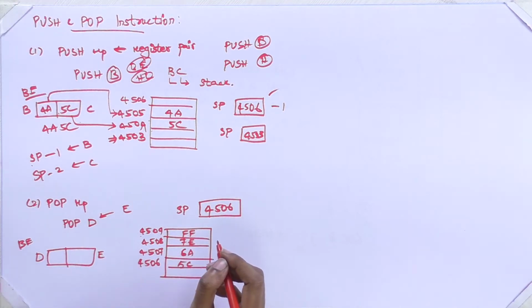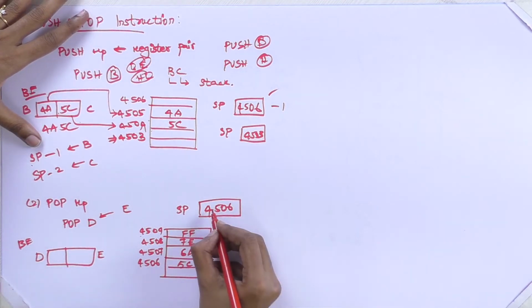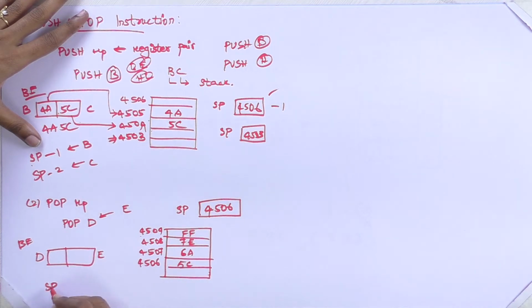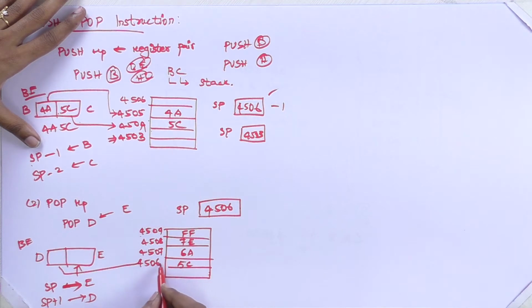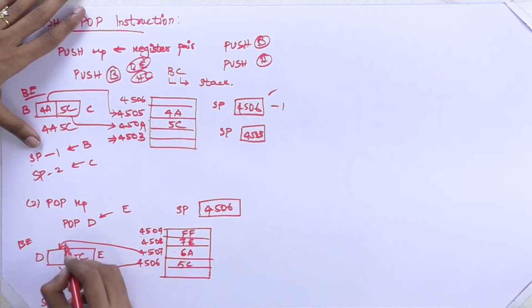What will happen is, the value at SP, which is 4506, that value is 5C, will be stored in the E register, and the value at SP plus 1, which is 4507, that value is 6A, will be stored in the D register.